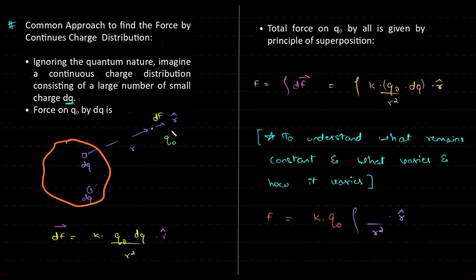Obviously, the direction will also change, is it not? And not all the places dq will remain the same. This is what the entire chapter is about, the other half, that is. To understand what is constant and what varies and how it varies. If you are able to express all of this with a single variable, your job is done. That's the entire job over here. Expressing that in single variable and integrating.